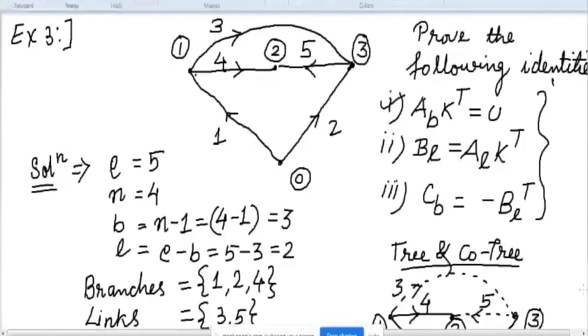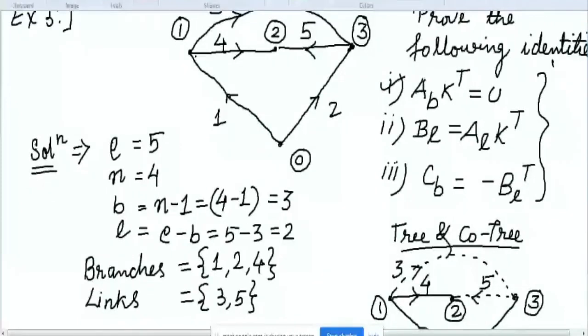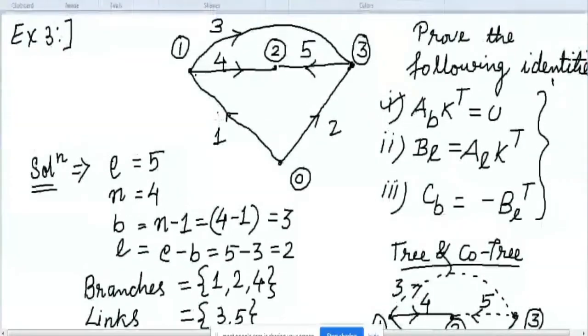So let us have a quick recap of the first proof that we had solved yesterday. This was the oriented graph which was given to us in the problem. With the help of this graph, we can see that there are three physical buses, that is 1, 2, and 3, which are represented by the nodes 1, 2, and 3.